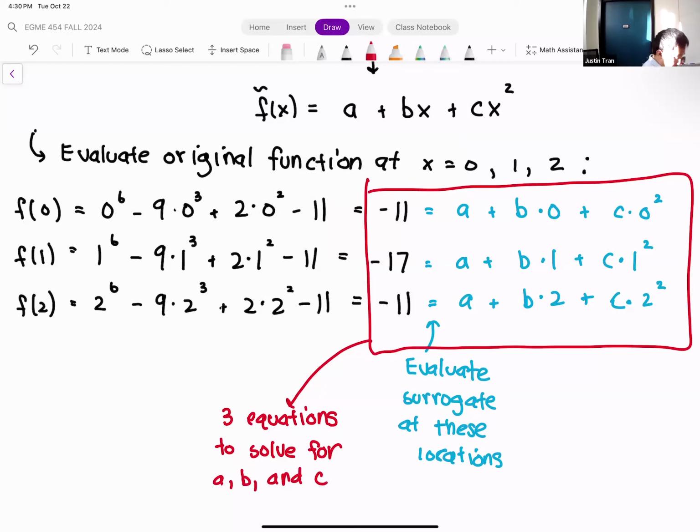And so therefore, if we plug these back into our surrogate function, we have f tilde of x is equal to minus 11 minus 12x plus 6x squared.